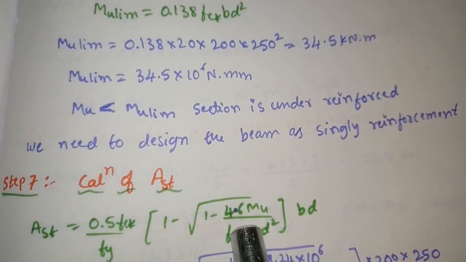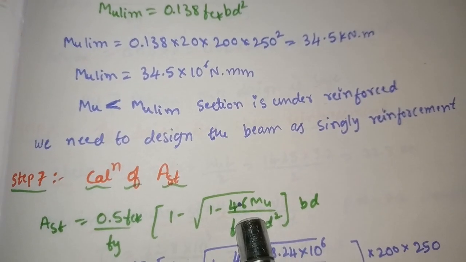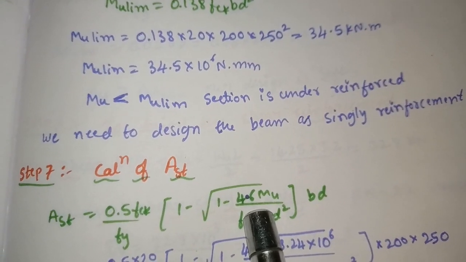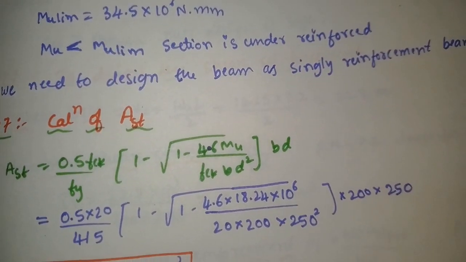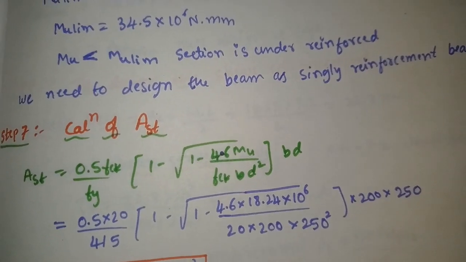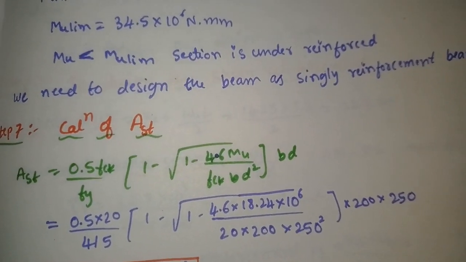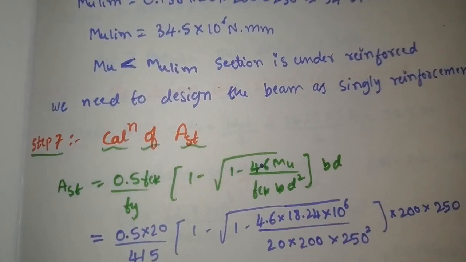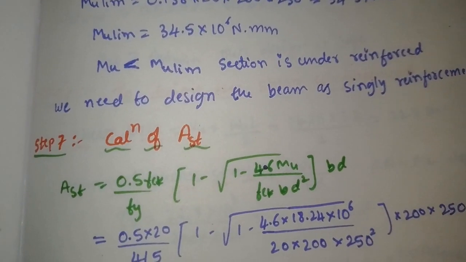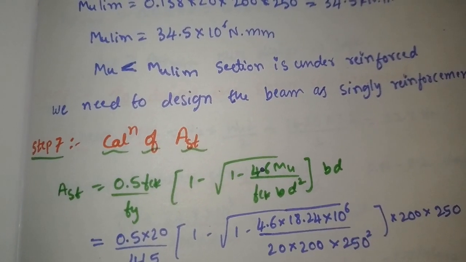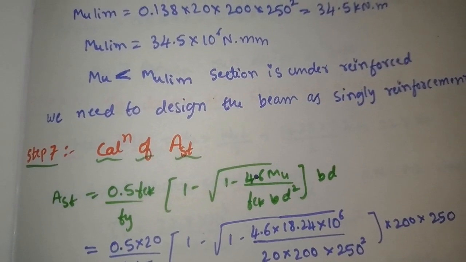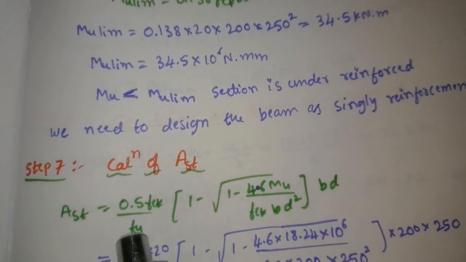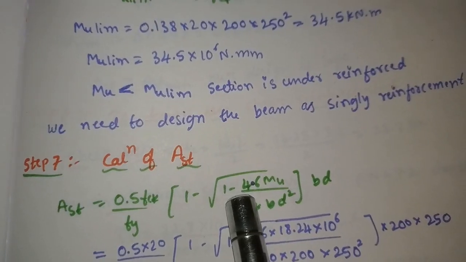There is one more formula which is given in your code book on page number 96. By using that formula and using the method of quadratic equation, you can calculate the AST. If you don't want to go for the quadratic equation method, you can simply remember this formula and easily calculate the AST.